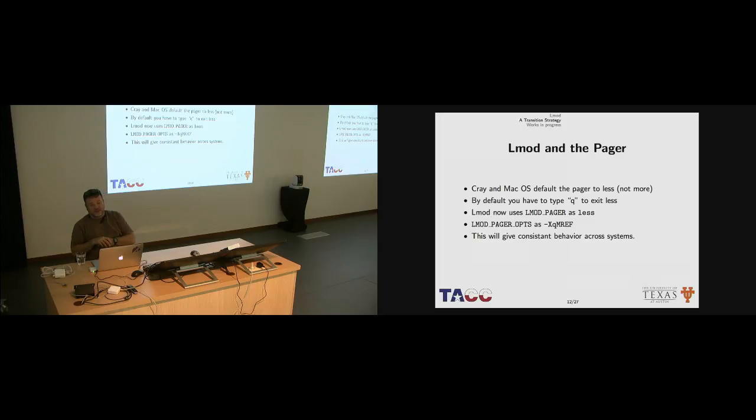And the way it was set up, you would have to type Q every time to get out of it. You wouldn't just get the list and keep going, like I expect. So now Lmod sets the Lmod pager to less and sets the Lmod pager options, and that gives consistent behavior across systems. But of course, if you change it to Lmod redirect, then none of this matters.